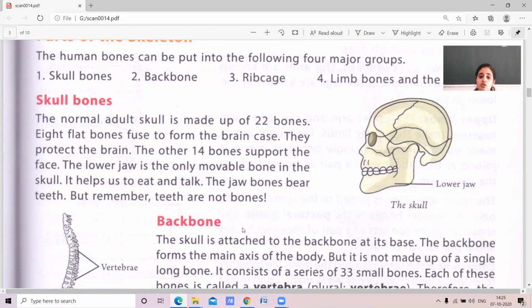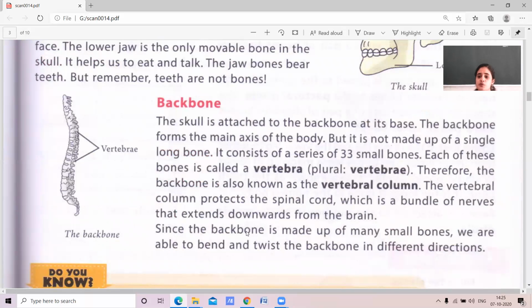Here, teeth are not bones. So the skull consists of 22 bones in the adult. 14 bones provide support to the face. In the skull, the lower jaw is movable, and this helps in eating food.